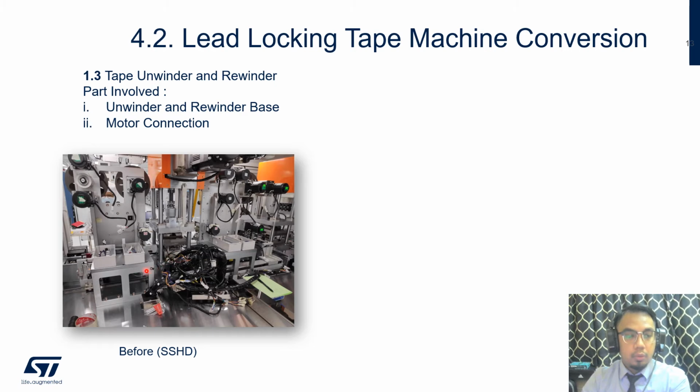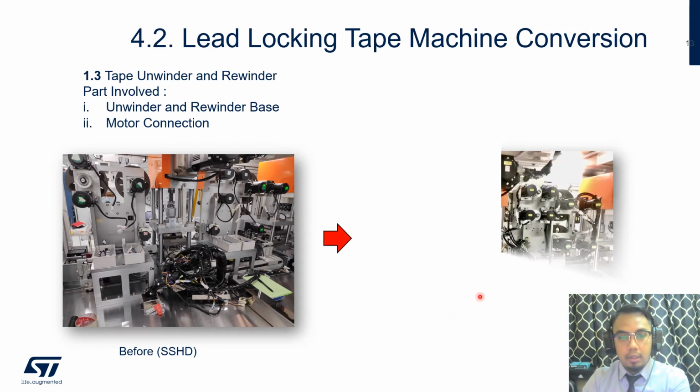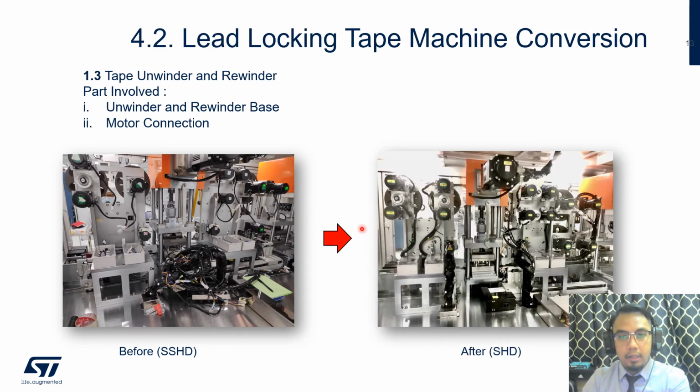So we need to take the unwinder and rewinder base out of the machine, change it to the super high dense unwinder and rewinder base, and re-enter the base to the machine.